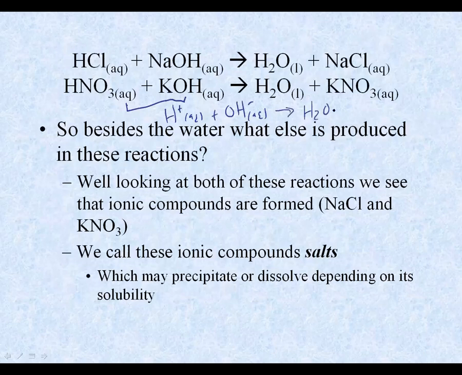And ultimately, that's what you're going to end up with in terms of your net ionic equation, is basically that formation of water. In the first one, the sodium chloride on the right-hand side is our salt. And for our second one, the potassium nitrate is also our salt.